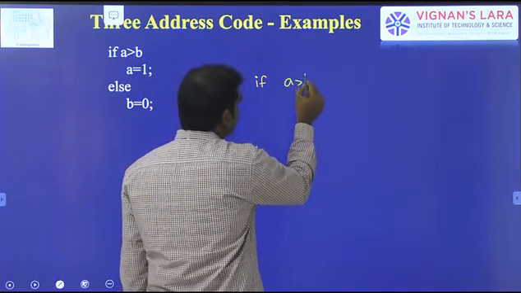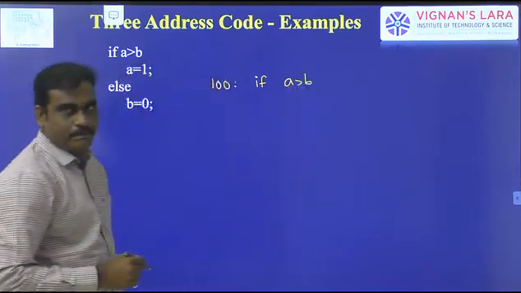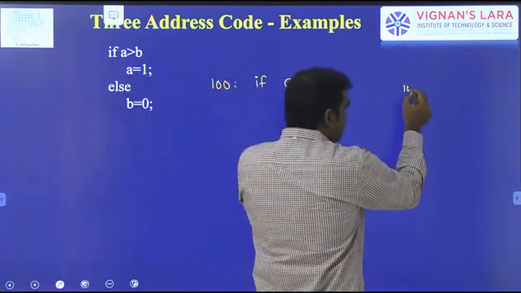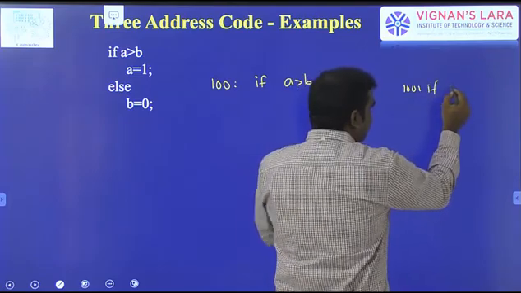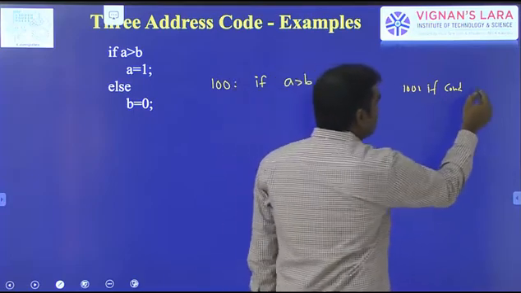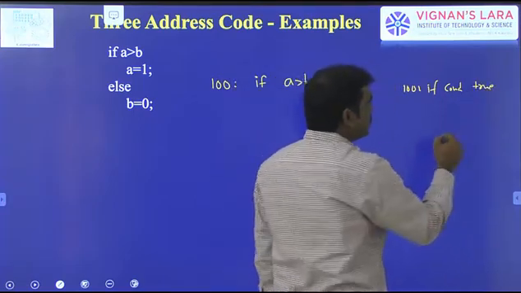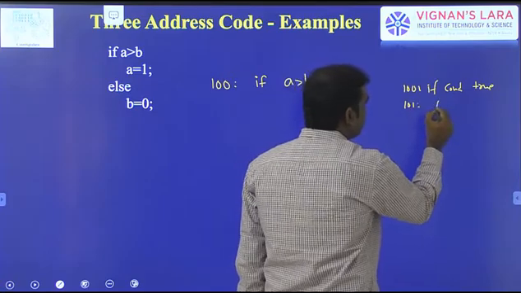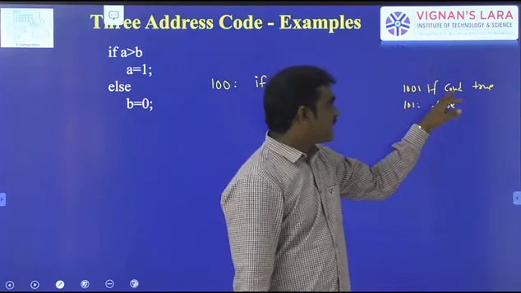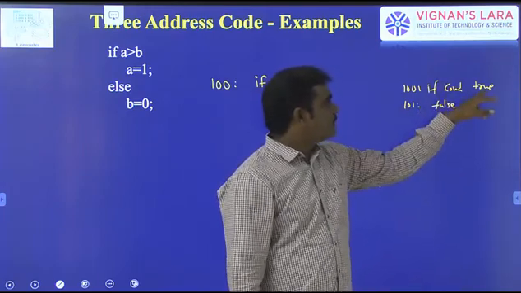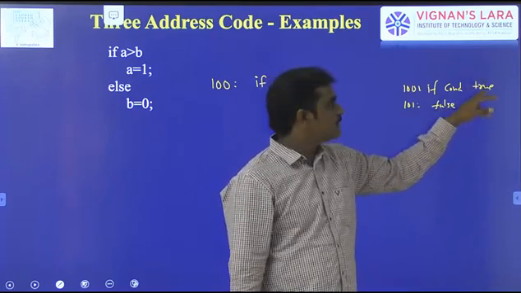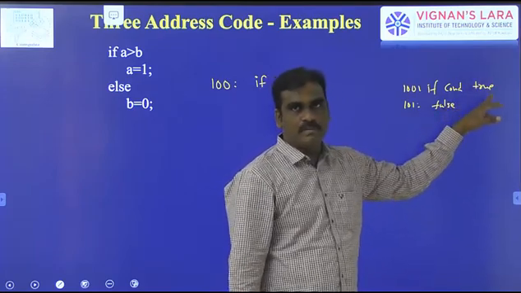If the condition is A greater than B. Generally in the if-else statement, the condition is followed by the true part and the immediately following statement is the false part. If the condition is true, this part will be executed. This is the true part. So we have to write here the true statement.